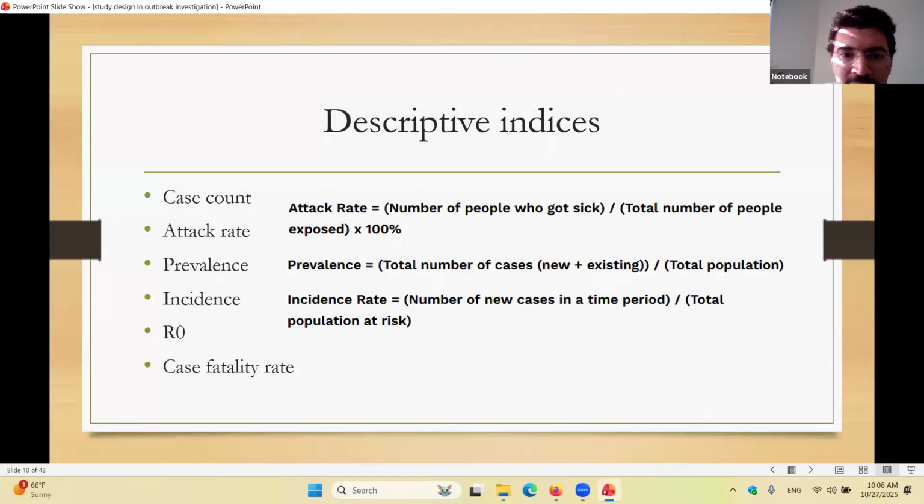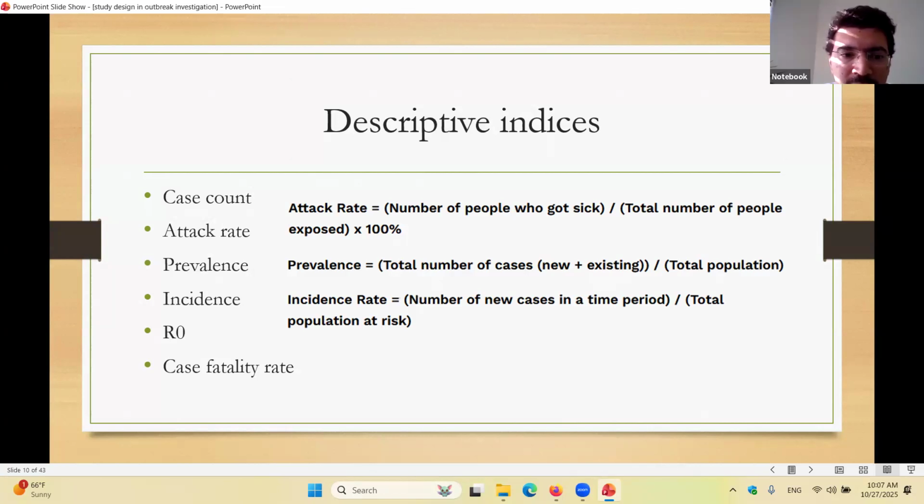R0 shows that, consider an infected patient. This infected patient can infect some other patients as the disease is contagious. R0 is the number of individuals that an infected patient can infect.